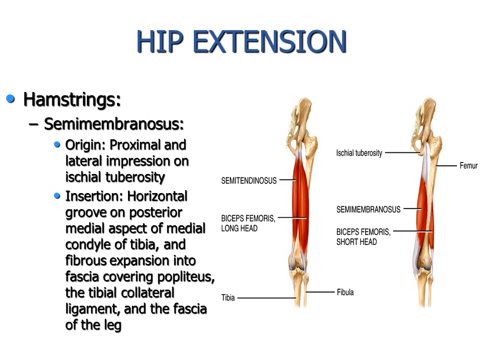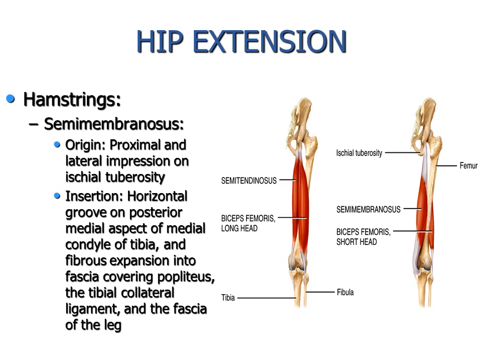The semimembranosus attaches also on the ischial tuberosity, on the superior aspect of the hip, above the hip, and it inserts on a horizontal groove on the posterior medial aspect of the medial condyle of the tibia. So that makes the semimembranosus the most medial of the hamstring muscles, with the biceps femoris being the most lateral of the hamstring muscles.